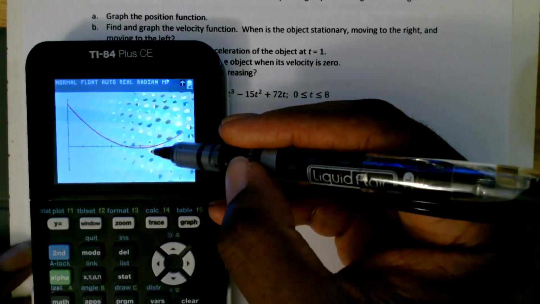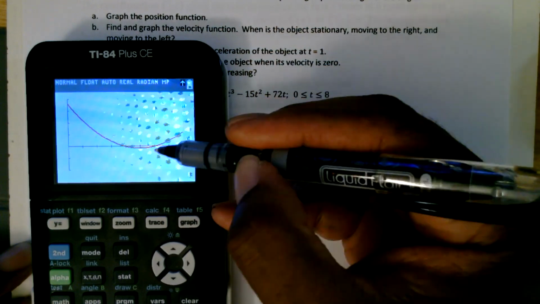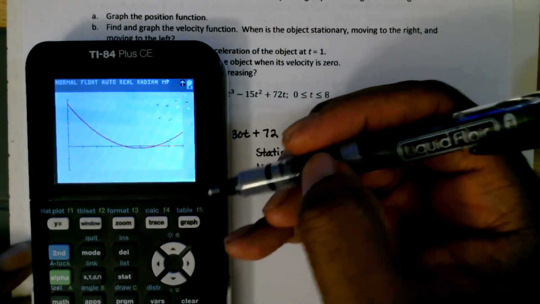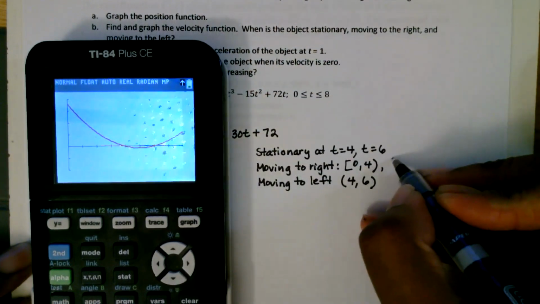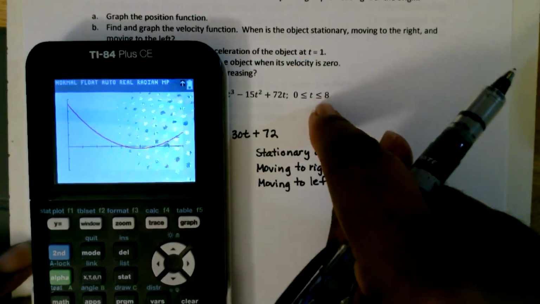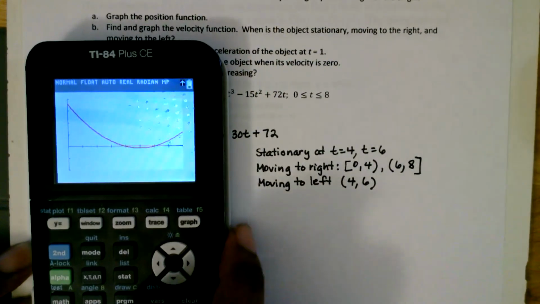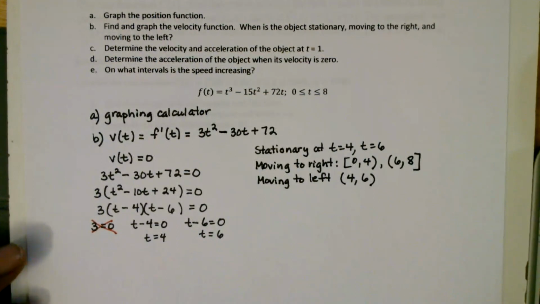And then after 6, it goes back above the x-axis. So that means the object is moving to the right from 6 up to 8, because our restriction is from 0 to 8. So that's the other part of that answer there.